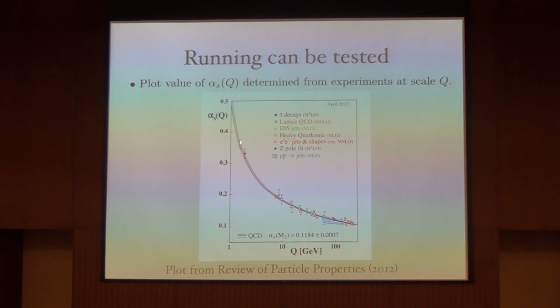The lowest one here is from tau lepton decays, measured there, because the tau mass is pretty small. So you measure alpha strong of Q at a bunch of values of Q, and you have a prediction for what it should be. That's the formula I just showed you, and they just match very nicely.